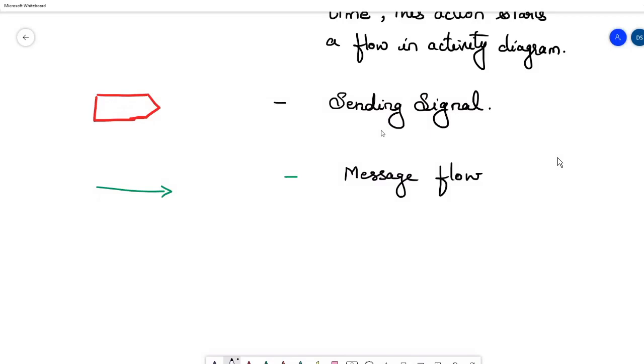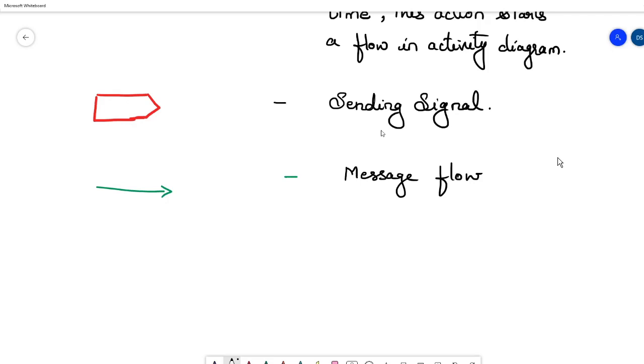Now let's see the next symbol. We have already seen a symbol of diamond for decision.